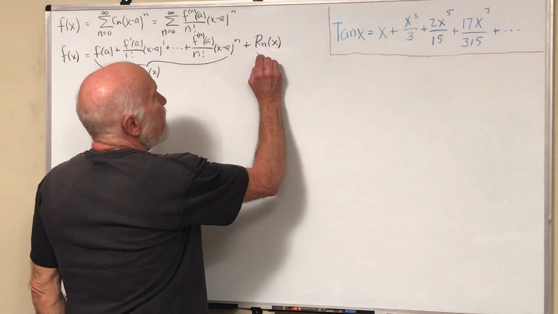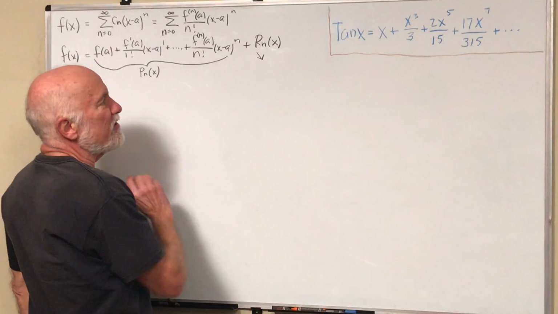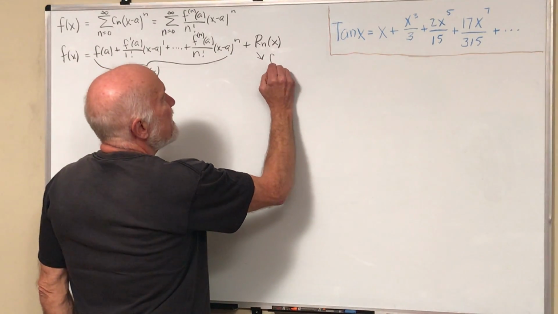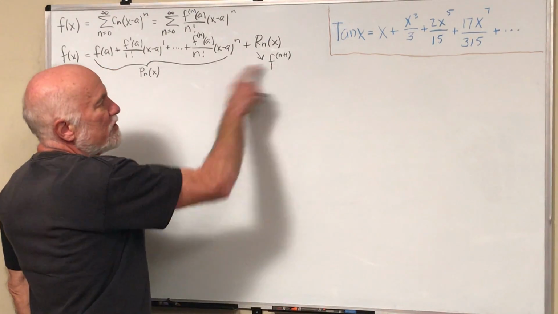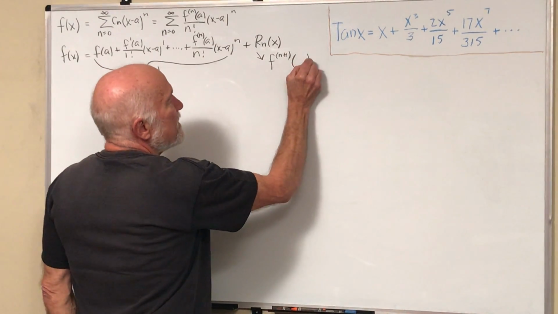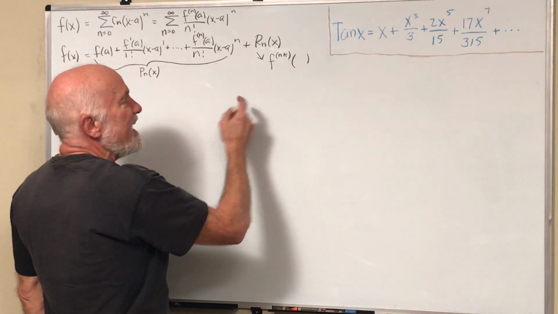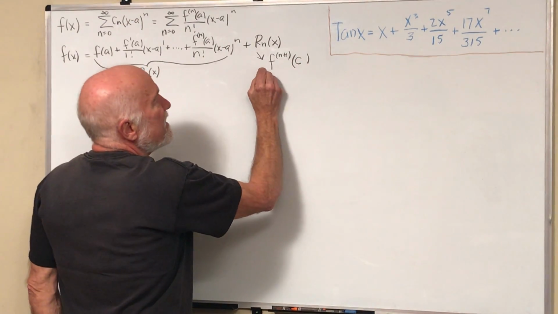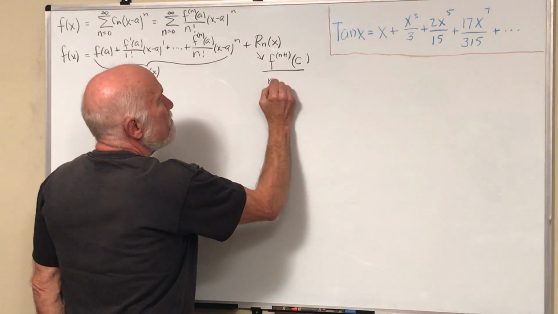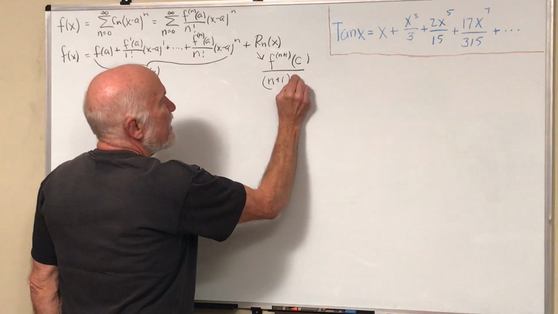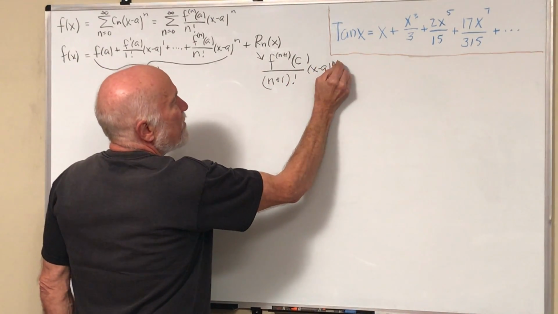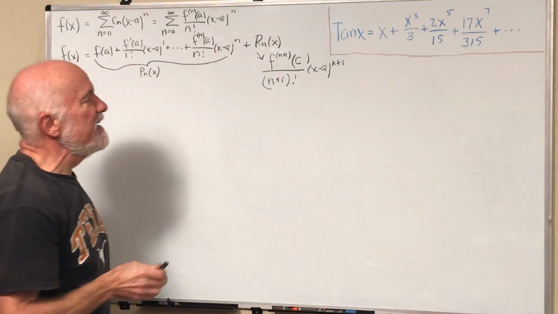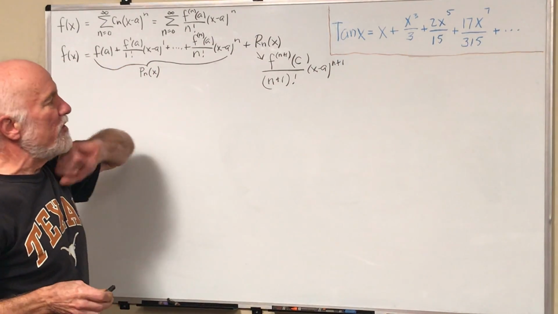Now, Taylor also came up with this Taylor remainder to be the n plus first derivative, but not at a, at c, divided by n plus 1 factorial times x minus a to the n plus 1. So they knew exactly how to find the remainder.